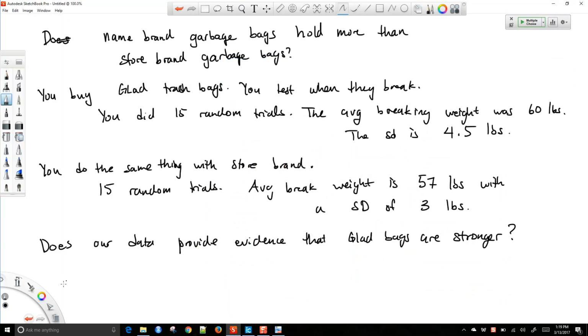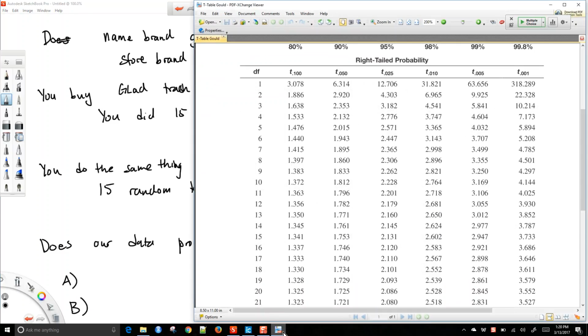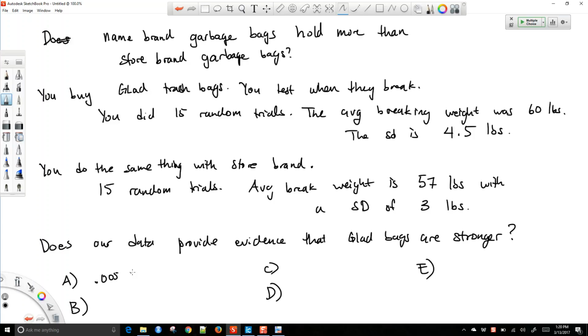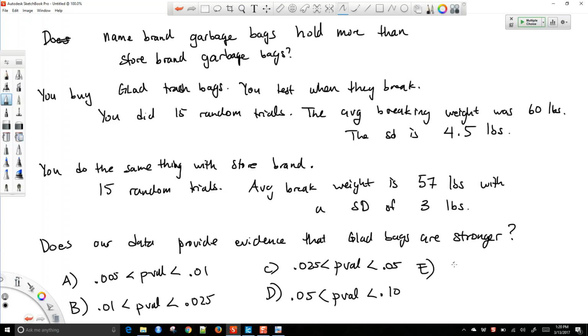Okay, so we'll say options for your p-value: A, B, C, D, and E. These are your p-value choices.